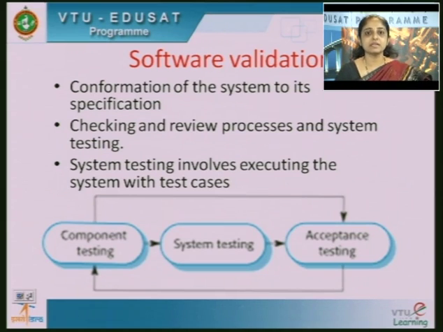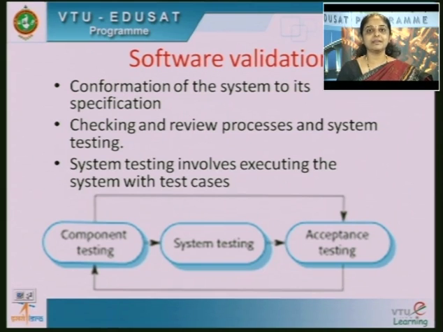Next step is software validation. Software validation is generally also called software verification and validation. We are going to verify that the system we have developed and implemented conforms to the requirements specified by the customer, where we have frozen the requirements and have a requirement specification document.